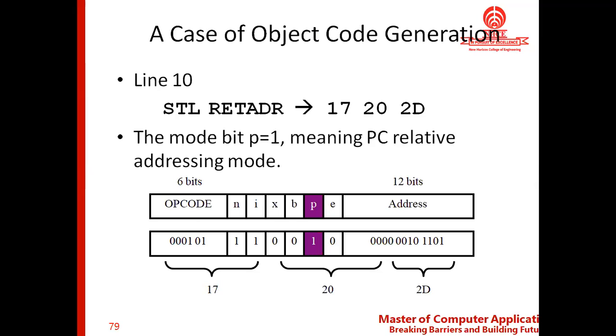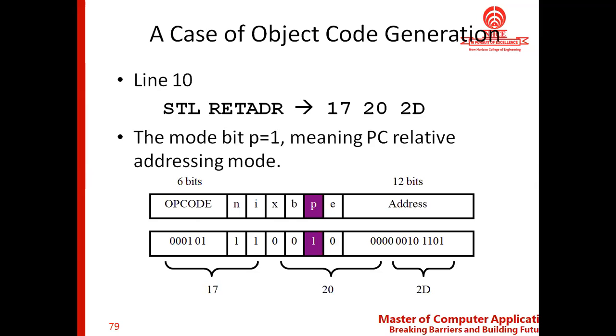Then the next 4 bits: 2 bits from the opcode and 2 bits from N and I. This forms 0111, which is nothing but 7. Then we have the X, B, P, E bits, which is actually 0010, forming the value 2.